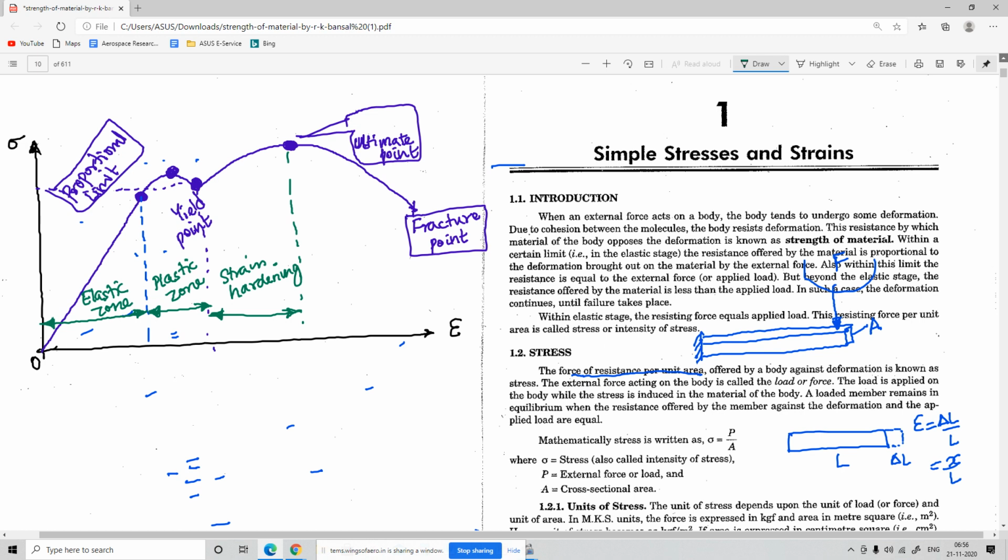Then after the strain hardening, from the ultimate point to the fracture point, we define the failure zone, or it is known as necking.